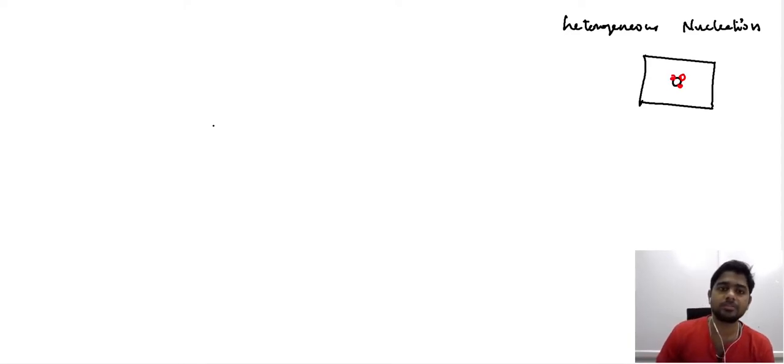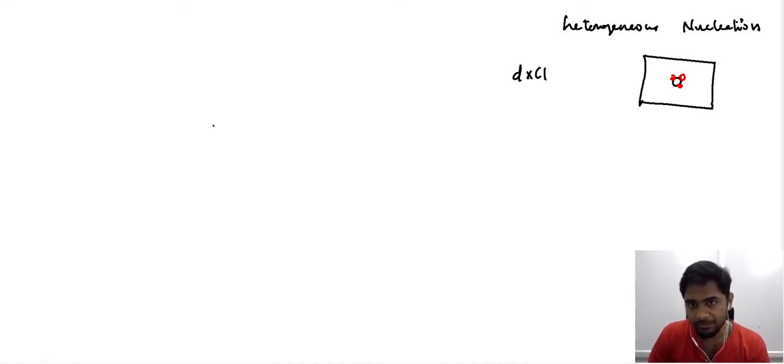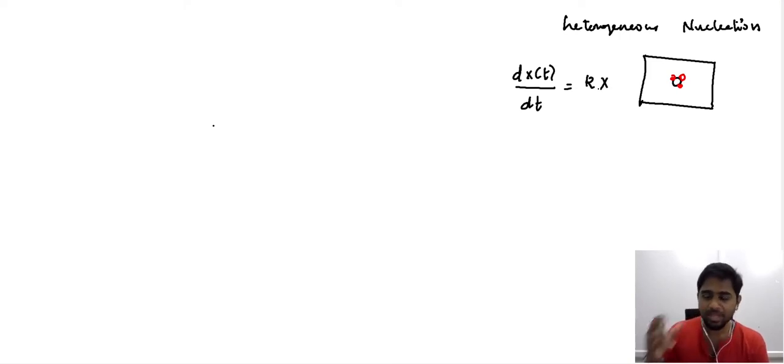In this case, we were able to arrive at a relation for the nucleation rate when the subsequent nucleation event occurred on the boundaries of the existing nuclei. In such a case, the nucleation rate can be expressed in this manner, where k is the proportionality constant and x is the number of nuclei present at a given time t.